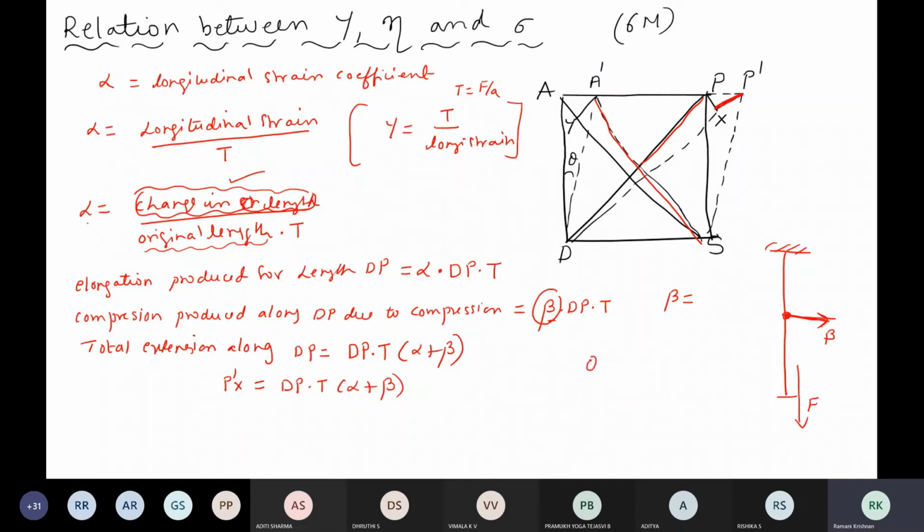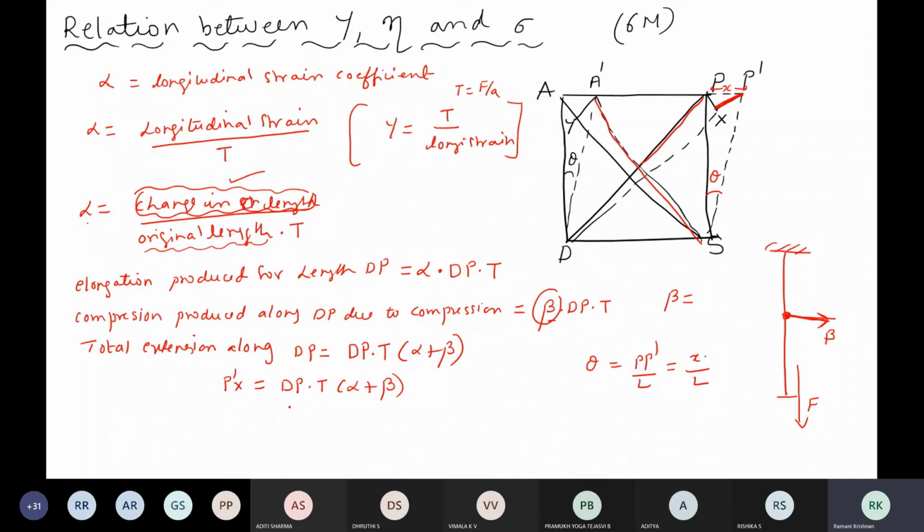Now what I'll do? We know that theta is equal to pp dash by l, the same thing we used in the previous topic. I can write this as x by l. This pp dash is, we saw, x, the extension produced. I can write this as x by l.